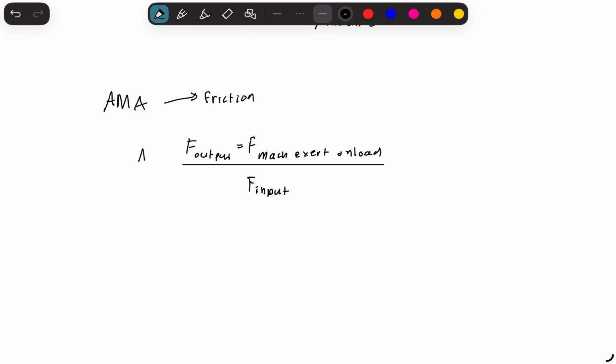So that is equal to the abbreviation AMA, your actual mechanical advantage. And I'm gonna say this accounts for when you have friction.